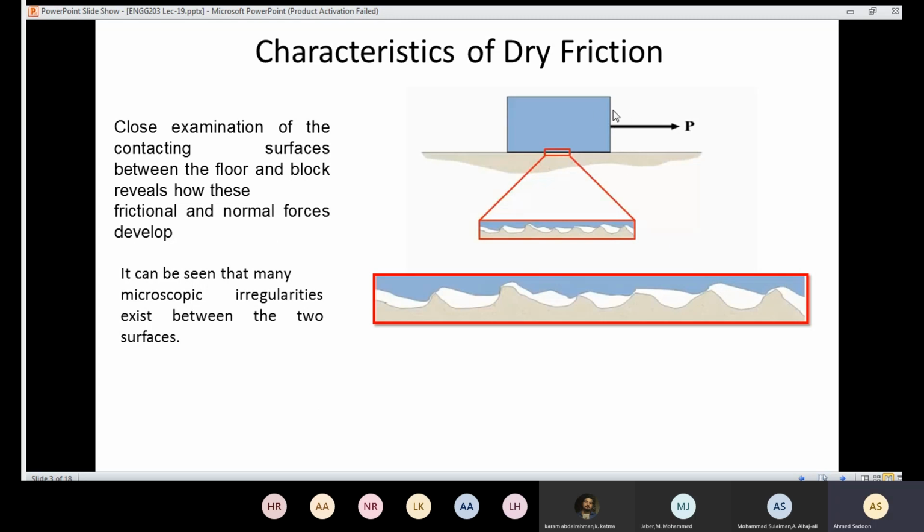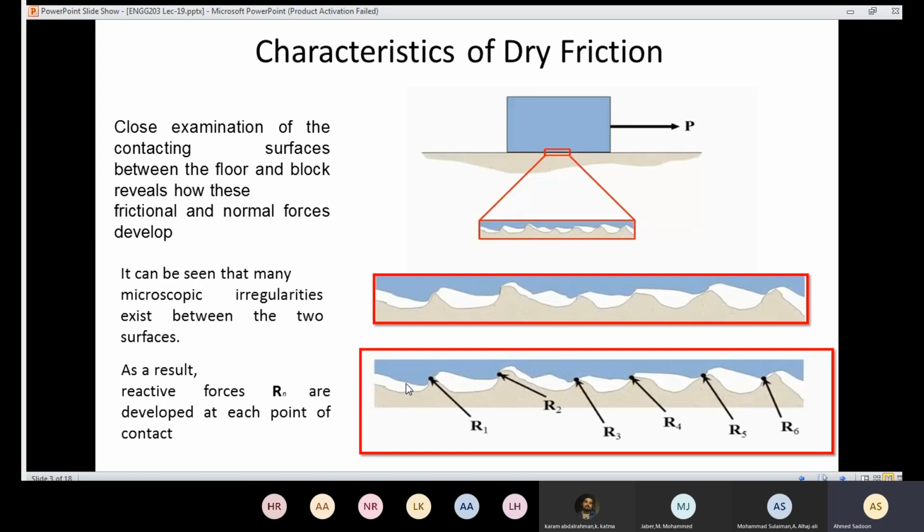So when you are pulling the box, you are going to have a reaction at each point of contact. If I have contact here, I'm going to have a reaction, and here and there. So I'm going to have reactive forces at each point of contact.